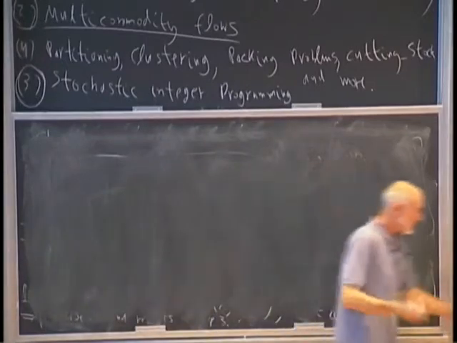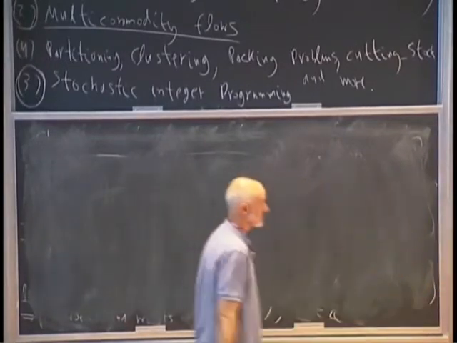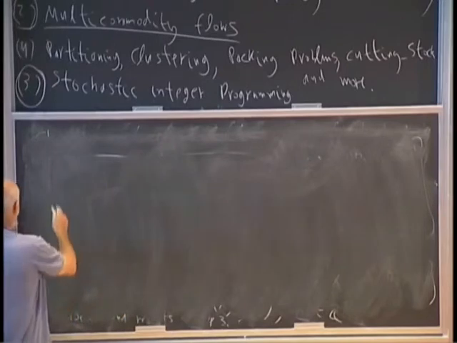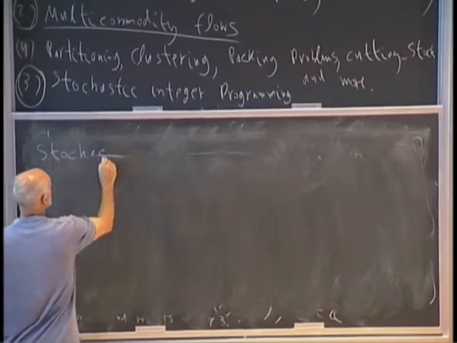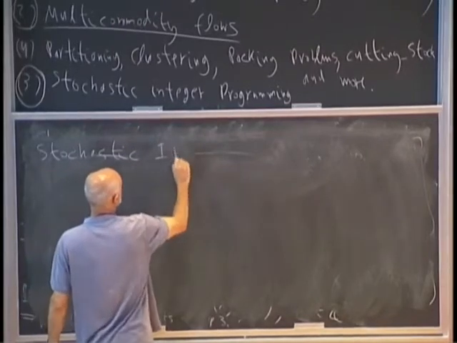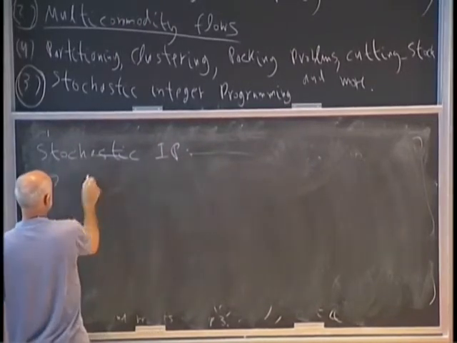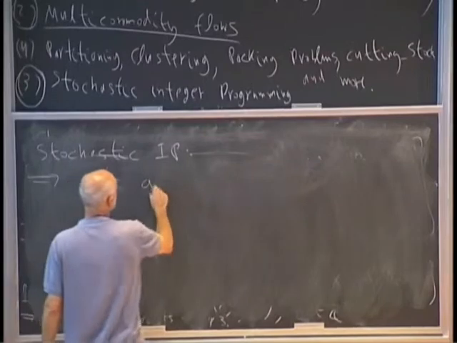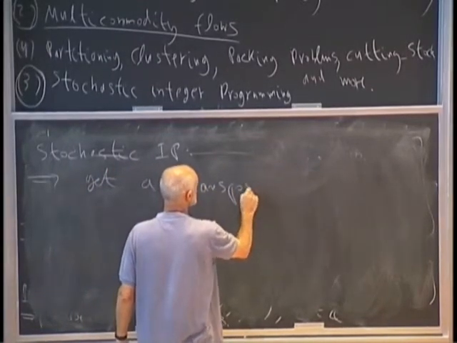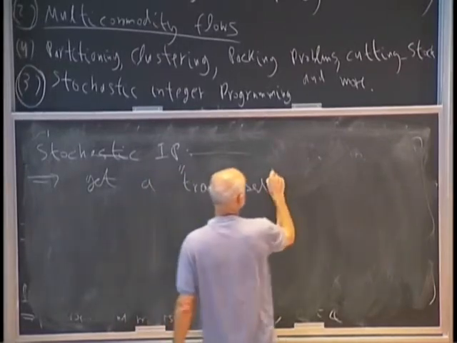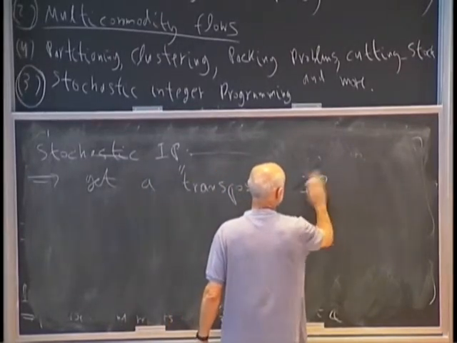So let's forget about the modeling. Let me tell you just what it means about the theory. So stochastic integer programming gives us a transposed n-fold IP.